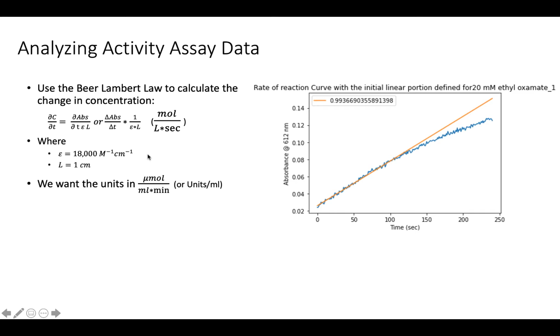When you come into lab on Tuesday, I will give you a cheat sheet to help you with your analysis of your activity assay data. So this is one analysis that students tend to struggle with. Key points here, again, get your slope, and you want the slope only of the initial portion.